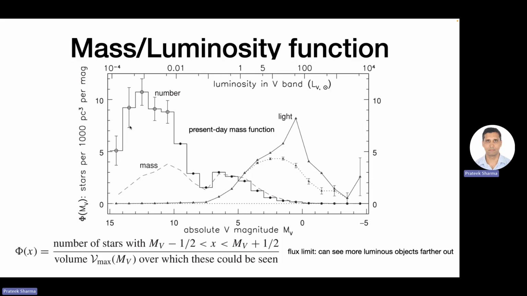Then calculate this phi of x, where x is this x-axis. So how many stars are there between absolute magnitude Mv minus a half and Mv plus a half? You put that number and you put the error bar, because if you observe, say, one star, it could be 0 or 1. There is an error bar which you have to put just because of the statistical fluctuation. And if you do all that, this is what you observe.